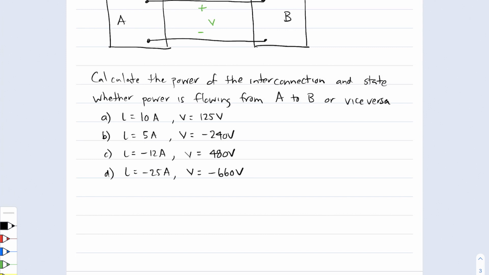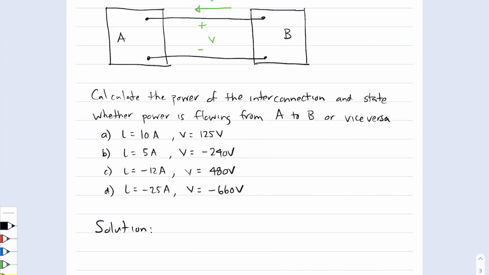So one of the things that we can do, and this is part of our solution, is regardless as to how these voltages and currents in terms of the numerical values happen to be defined, we can kind of draw, quote unquote, and this is not a technical term, this is something that I'm borrowing from my physics days, kind of a free body diagram of the elements A and B, the circuit elements.